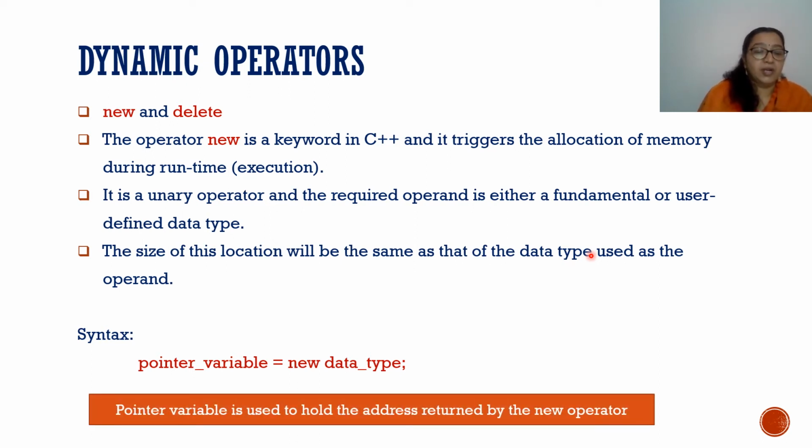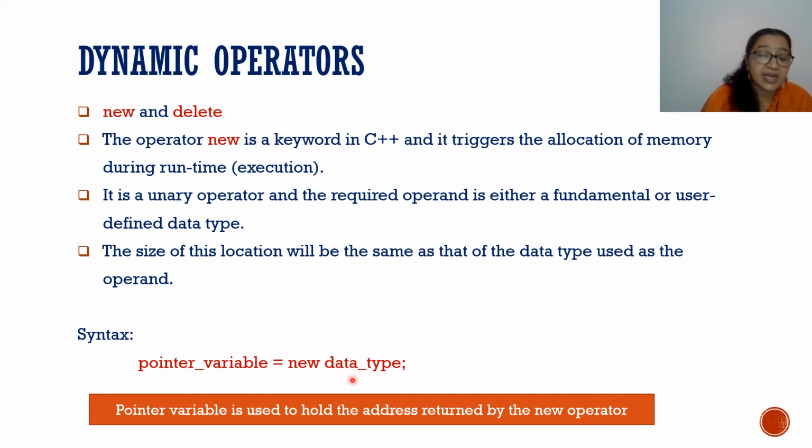Now see the important point. A pointer variable is used to hold the address returned by the new operator. What is the meaning? When we use the new operator, we will get a memory space there. That memory space has an address, is it?